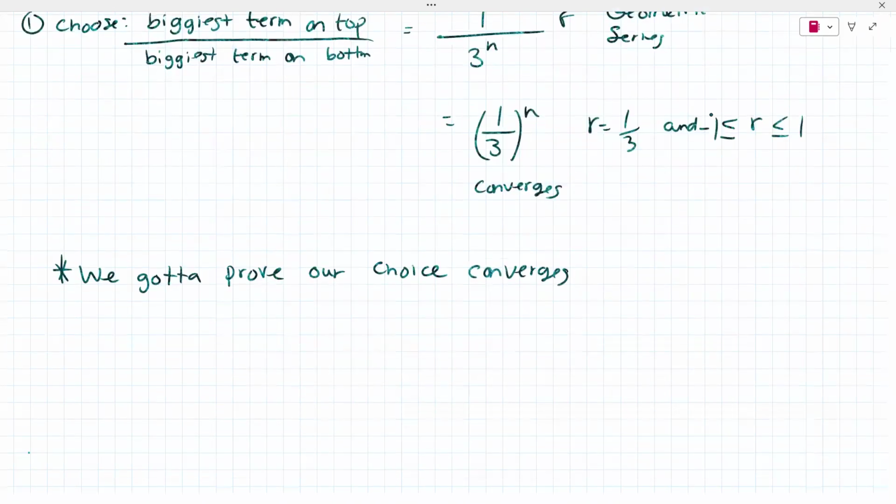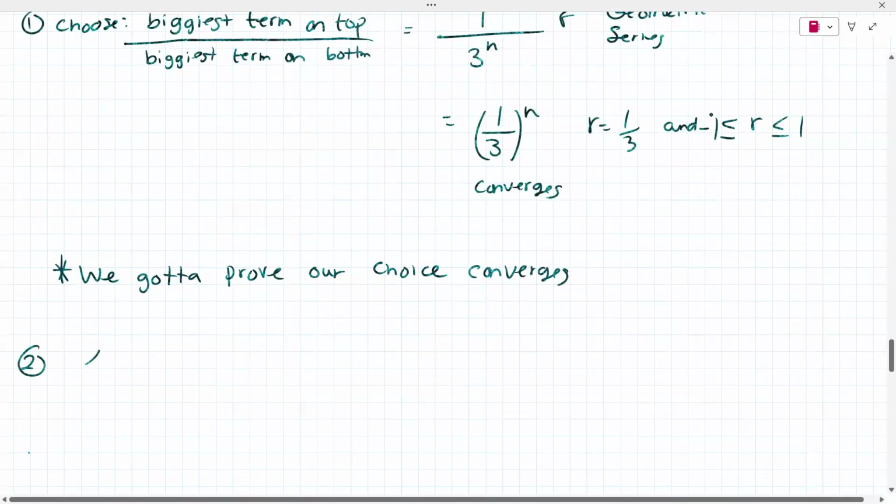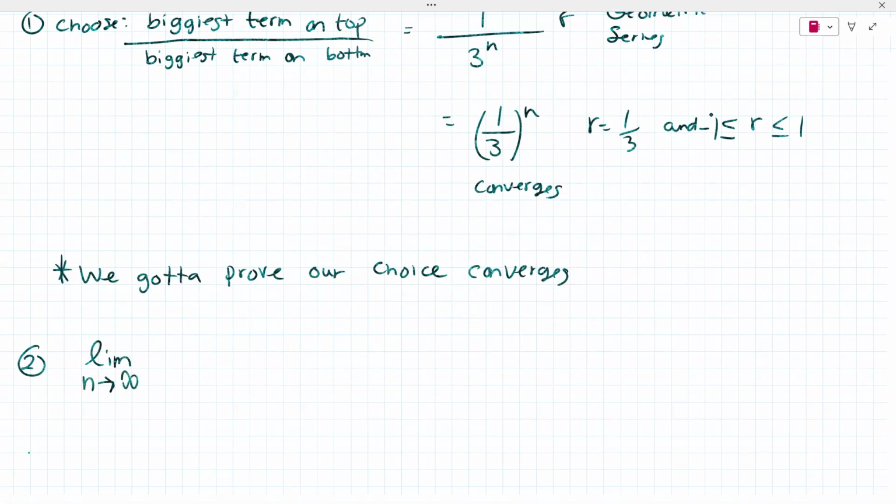So that would be the limit as n approaches infinity of 1 over 3^n minus n times the reciprocal of, what is the reciprocal of that?